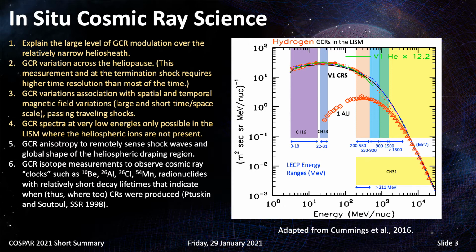And this is important because we can study how there are spatial gradients that might show up in these low energies. They don't appear to be showing up at the energies that we can measure with Voyager 1, but perhaps down another factor of 100 or so in energy, we'll be able to see them. And there could be temporal variations as well that we can see that currently are not being observed.